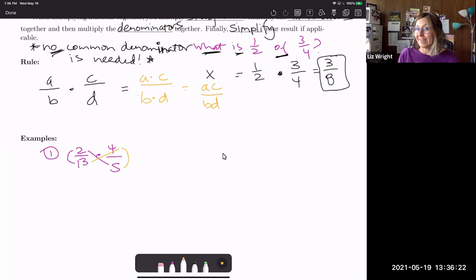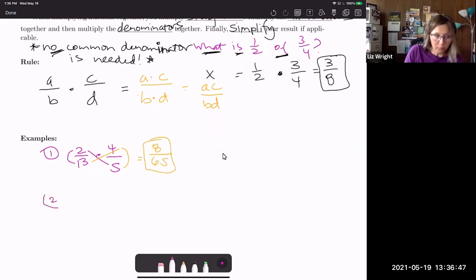So if I cannot reduce on the front end of that problem, then I will not be able to reduce at the end of this either. So I'm just going to go straight across, and 2 times 4 is going to give me 8. And then 13 times 5, carry the 1, it's going to give me 65. So 8 over 65.